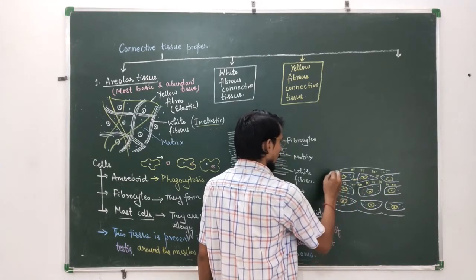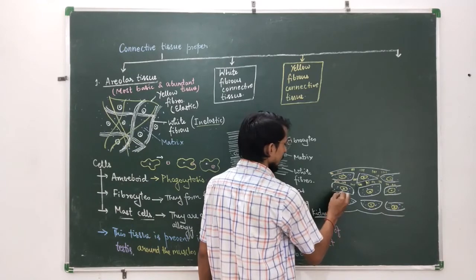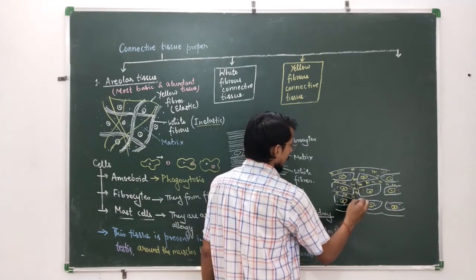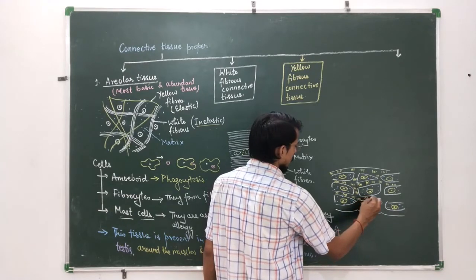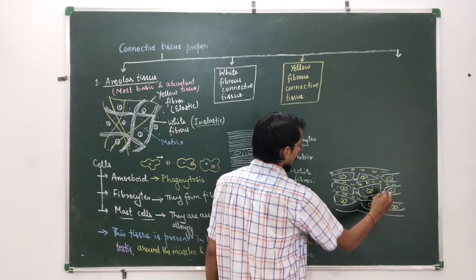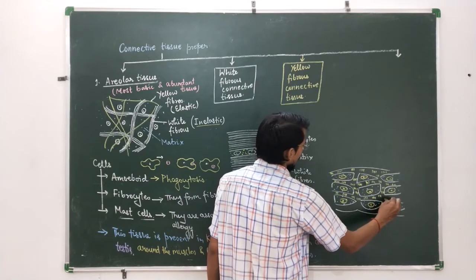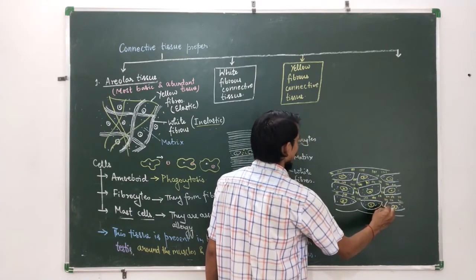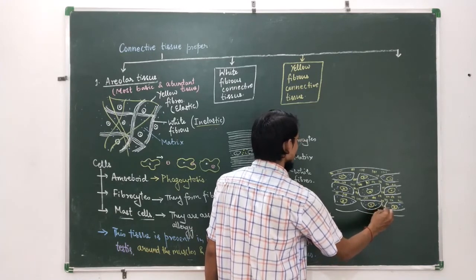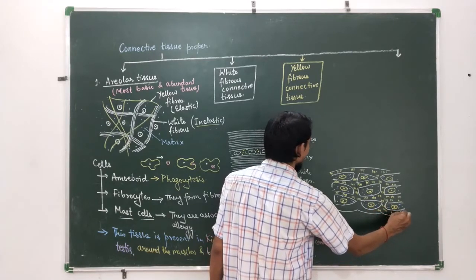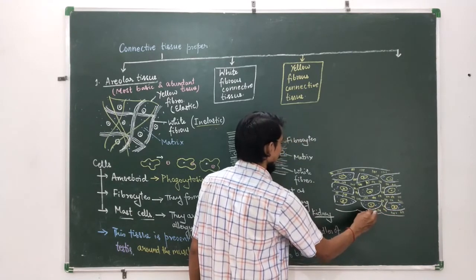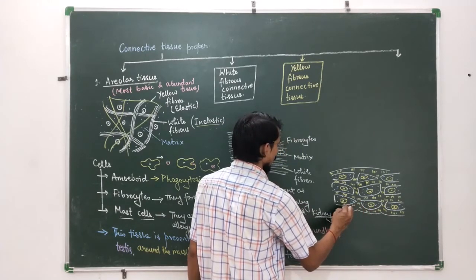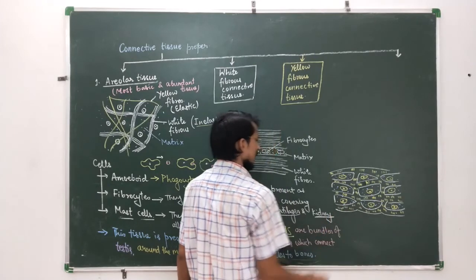So yellow fibrous connective tissue will be present in that part which has elastic structure. These are yellow fibers which are elastic, and if this tissue is present in a particular part, then that part will have an elastic body wall. Okay, as for example in blood vessels.